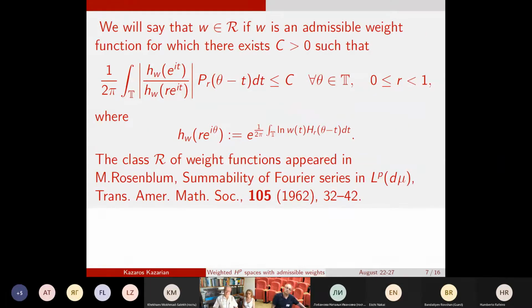Here I would like to consider another class of weight functions, which is much less popular. This class of functions appeared in the Helson–Rosenblum paper. It seems a complicated condition, but I can say beforehand that all classes of Muckenhoupt weights enter into this class of functions, which I call the Rosenblum class of weight functions.